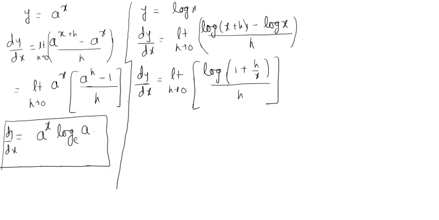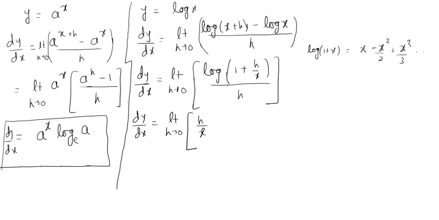Now the expansion of log of 1 plus x, I am writing it here, is given by x minus x square by 2 plus x cube by 3 and so on. So the expansion of this will be dy by dx equal to limit h tending towards 0 of h by x minus 1 by 2 into h by x whole square plus 1 by 3 into h by x whole cube and so on.